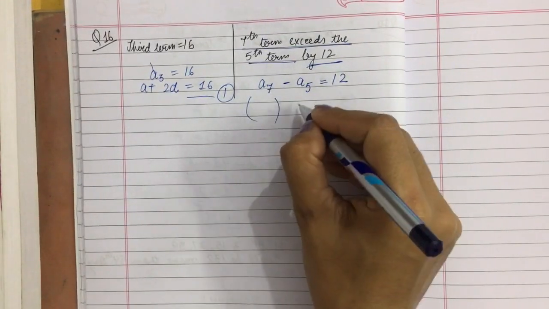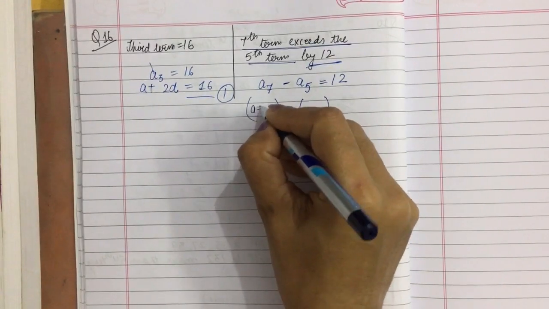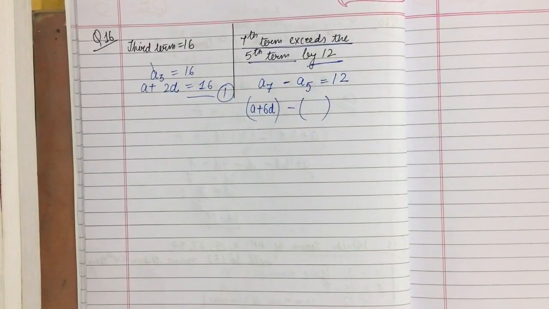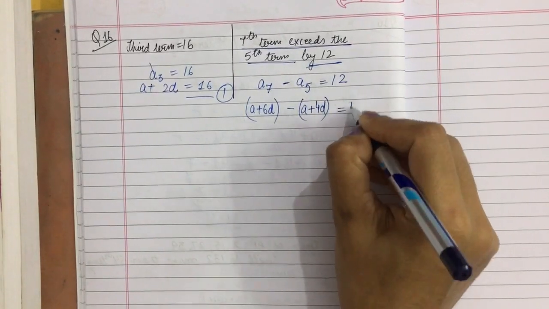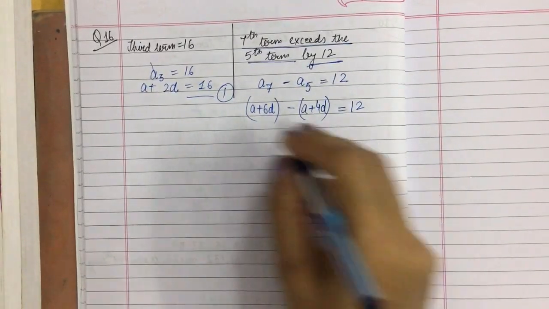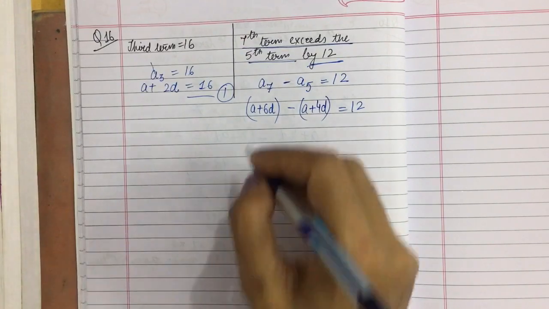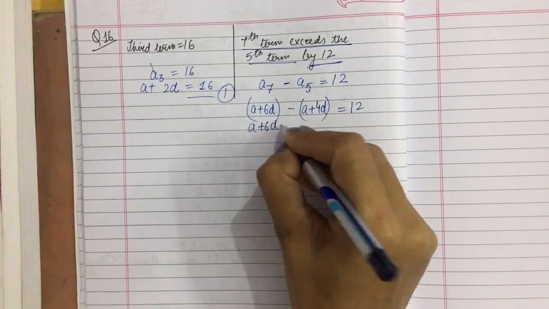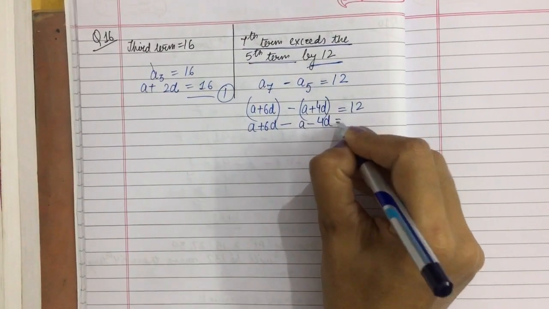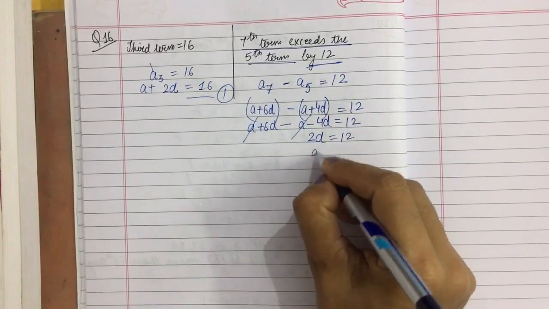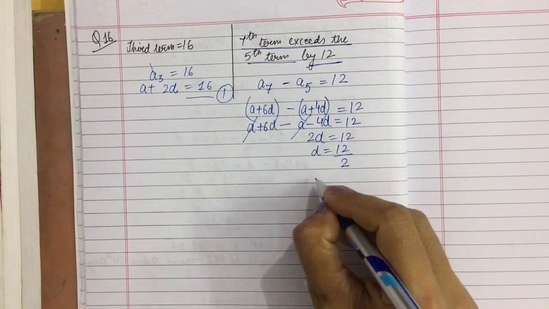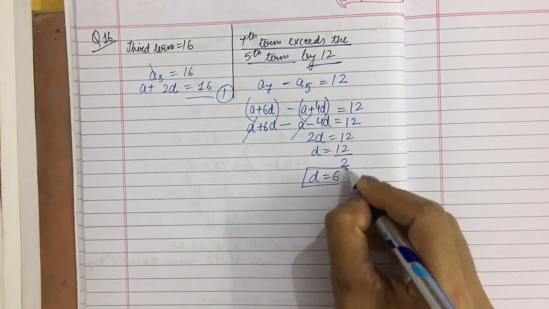Let's use the values of these two. Seventh term will be A plus 6D. Fifth term will be A plus 4D. The difference is 12. Simplify and obtain your second relation. Open the brackets, change signs and simplify. From here you are able to obtain the value of D, the common difference, directly.